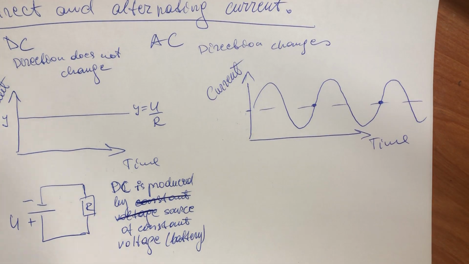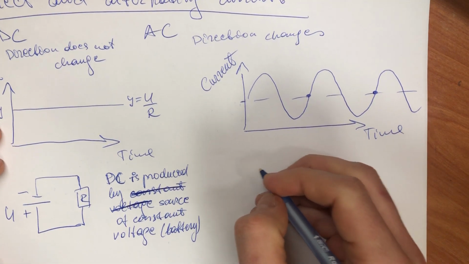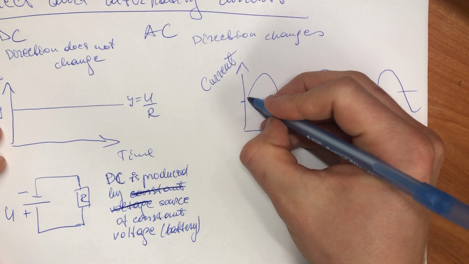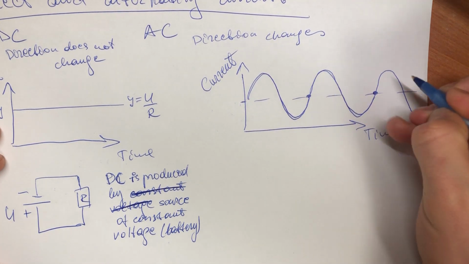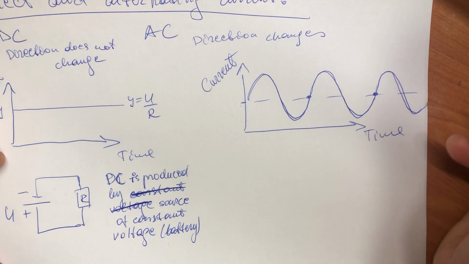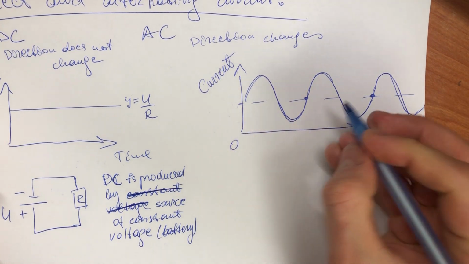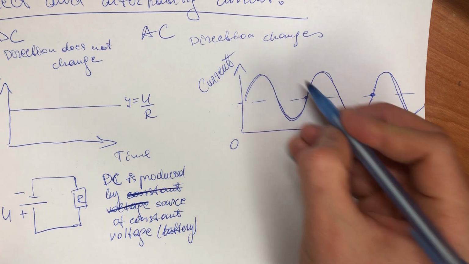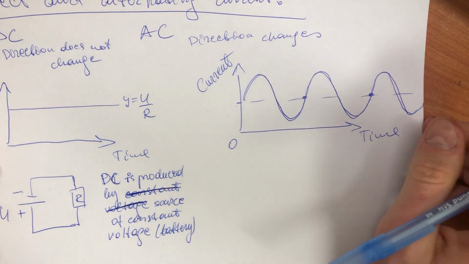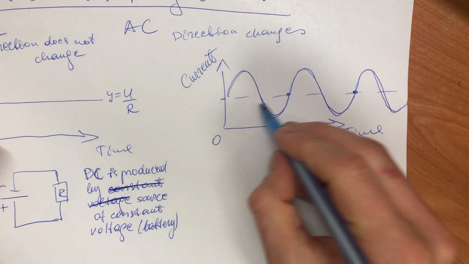As we were analyzing oscillations, here direction changes. It goes to the direction is positive, direction is negative, and this has, as you see, sinusoidal oscillation, as we were analyzing vibration.